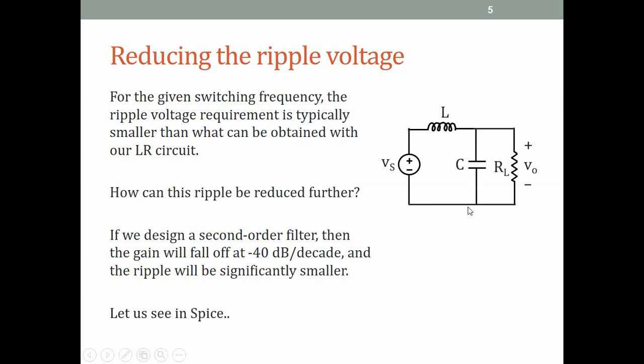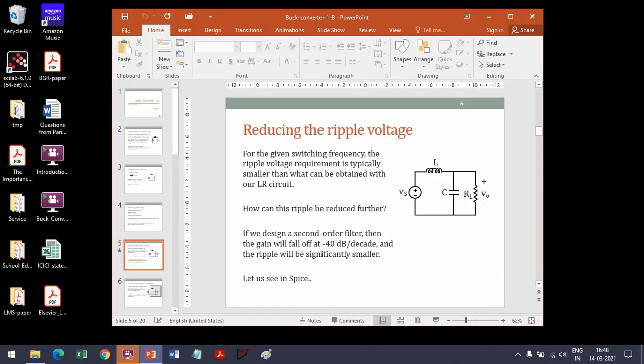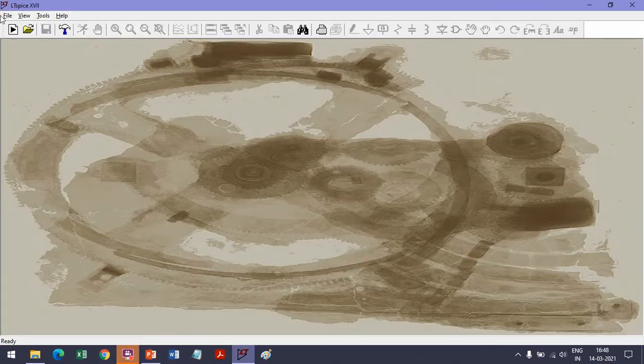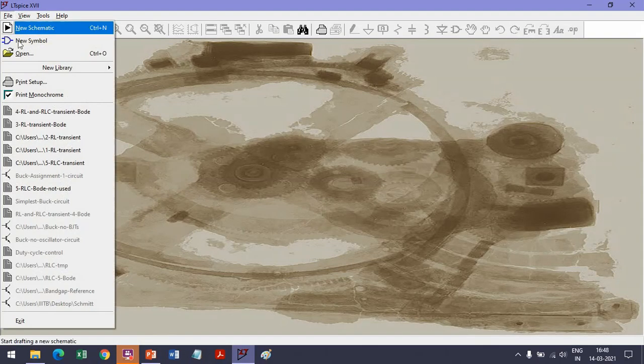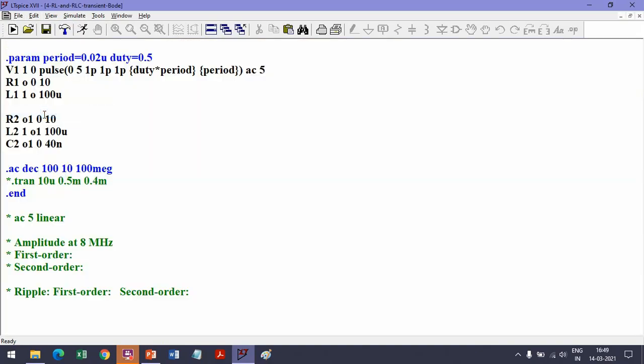All right. Let us see the effect of this in SPICE. So let us do a SPICE simulation. So I have that same circuit we saw last time, and I have added, so this is what we had last time: a voltage source, a resistor 10 ohms and an inductor 100 microhenries.